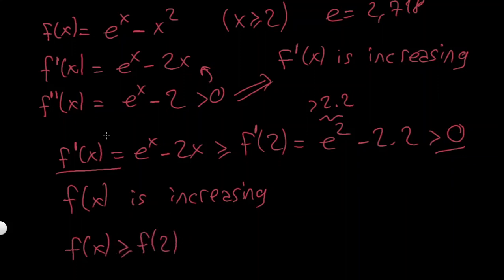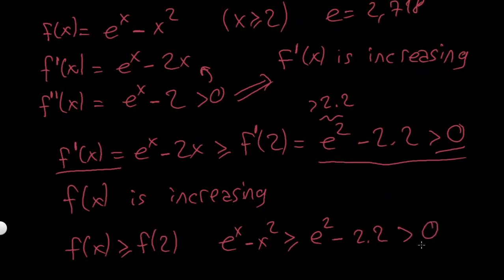So fx, which is e to the x minus x squared, is greater or equal than e to the 2 minus, again, 2 times 2. With the same reason, this is going to be greater than 0. And therefore, I can say fx is positive.